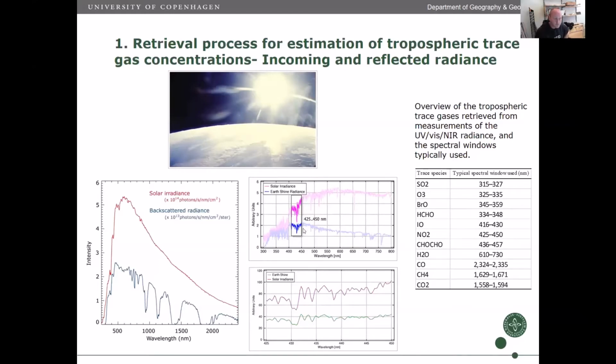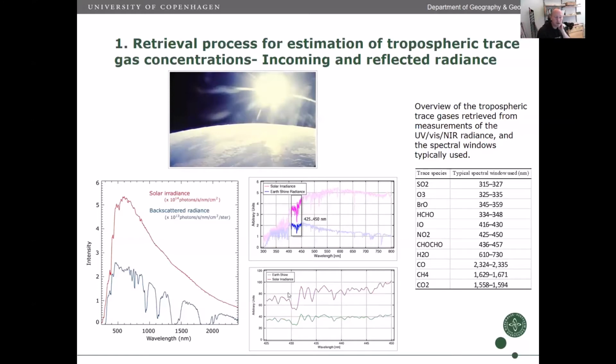So what we therefore do is put a sensor on a satellite which measures these wavelengths between 425 and 450, and we measure the reflected radiation in each wavelength between 425 and 450.